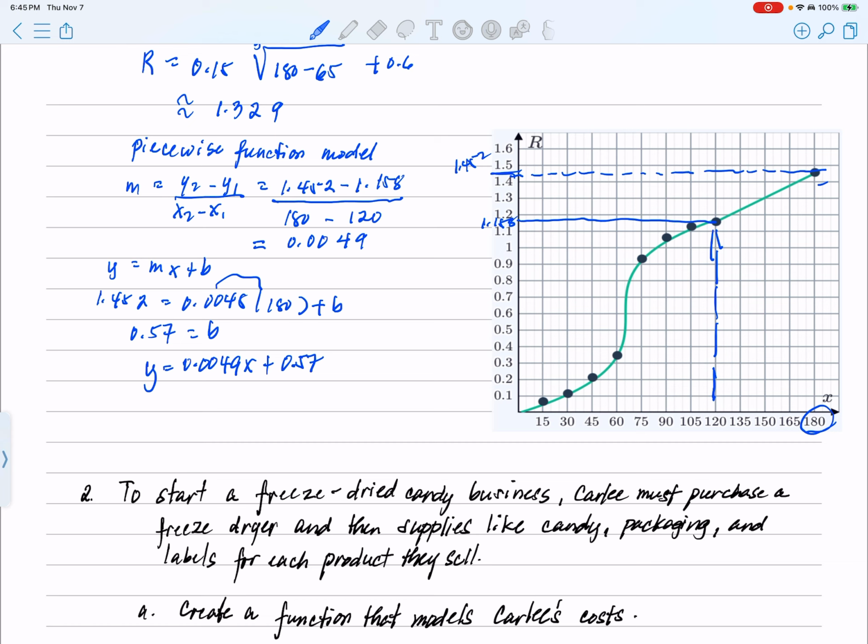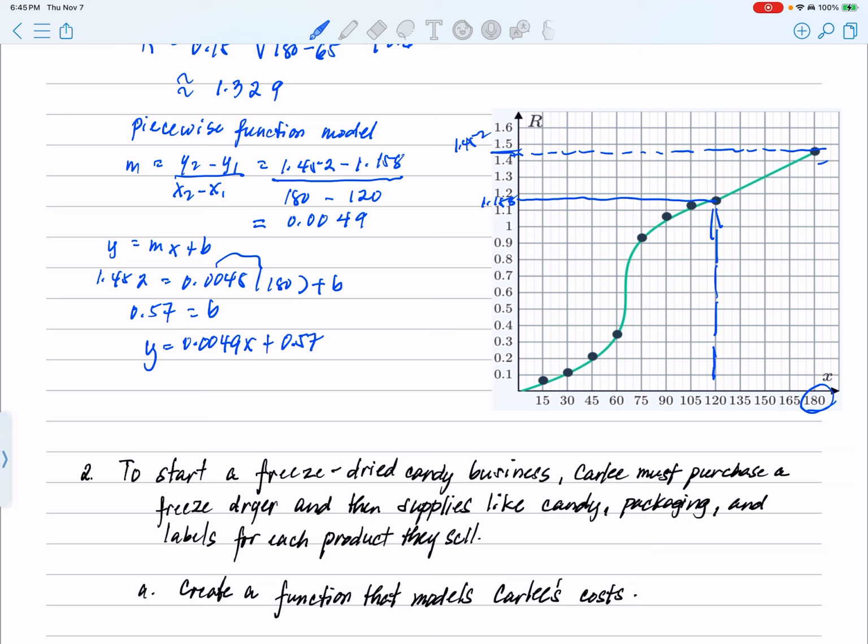And this is the equation of the line. Therefore, for the piecewise model, we could use r equals 0.15 times the cube root of x minus 65, plus 0.6, for x between 0 and 120. I have to write it somewhere here. Oh, I need a longer space.